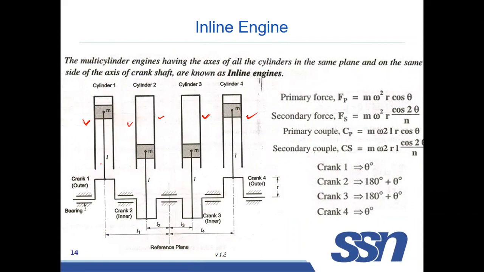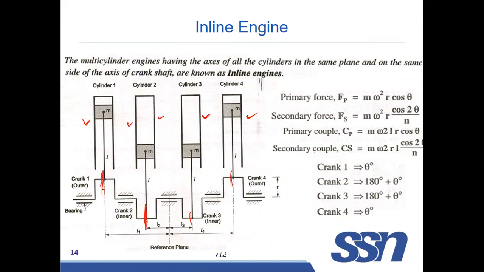Each cylinder will produce an unbalanced force, that is, inertia force, which will act along this direction. Similarly for cylinder 2, cylinder 3, and cylinder 4. All 4 cylinders have an unbalanced force acting along this direction.